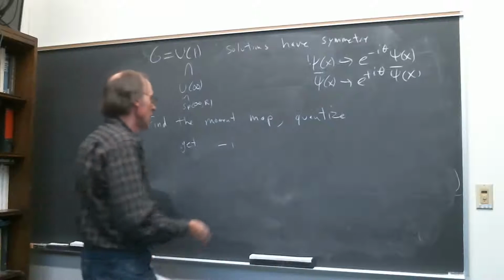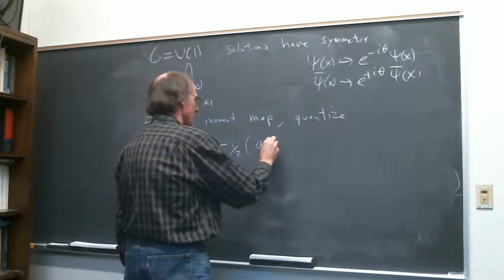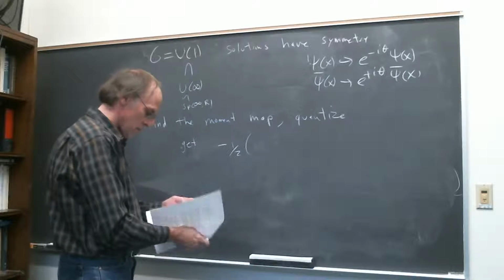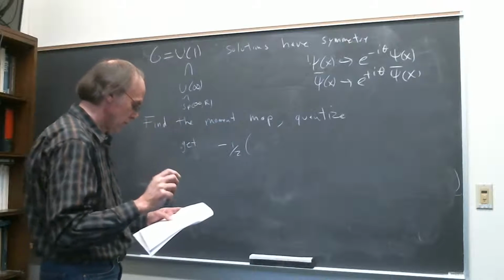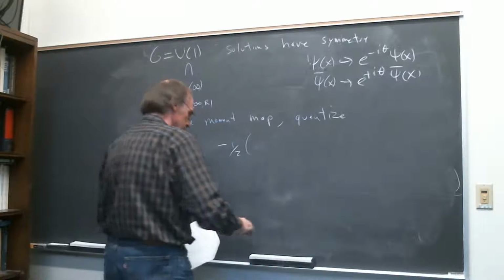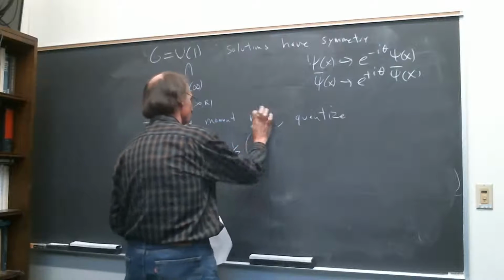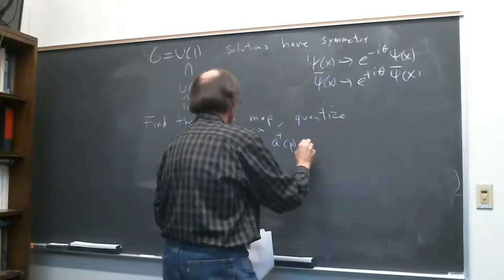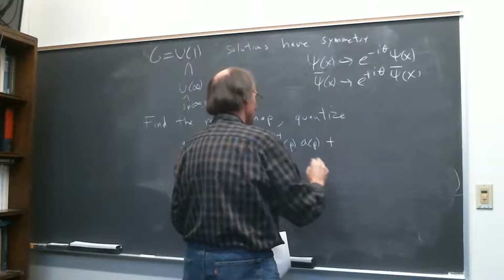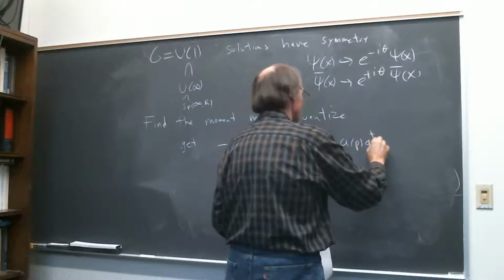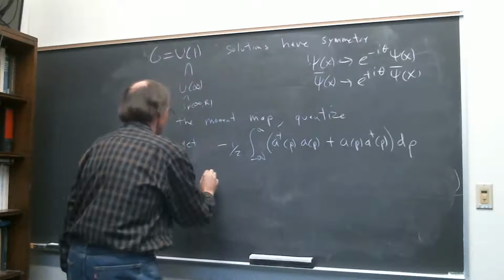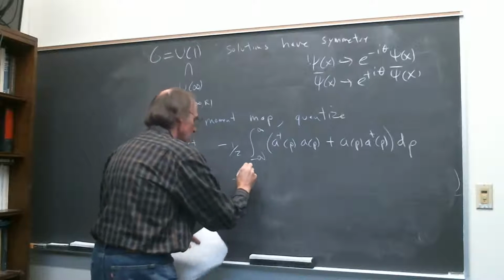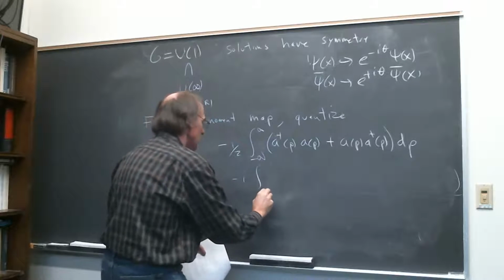You get minus i over 2 A dagger P A P plus P, or the normal ordered version, which is minus i integral from minus infinity to infinity.